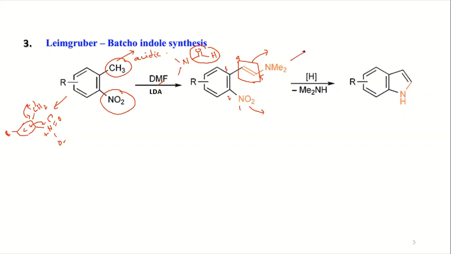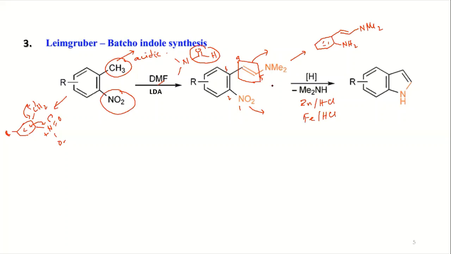The next step is a selective reduction to make the amine, and then you have NMe2. So you can use a metal with acid, zinc HCl or iron HCl. If you use excess, you can do the reduction of nitro without reducing the C=C double bond.